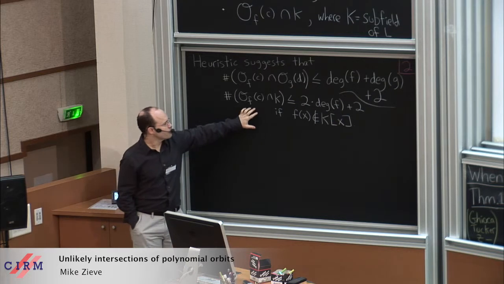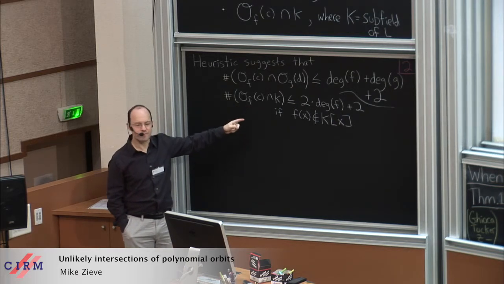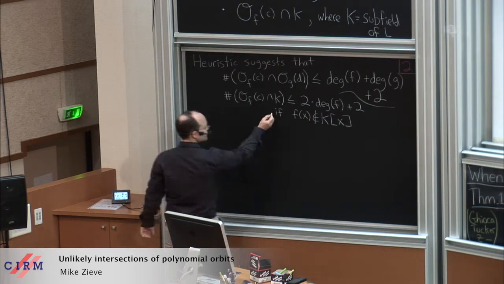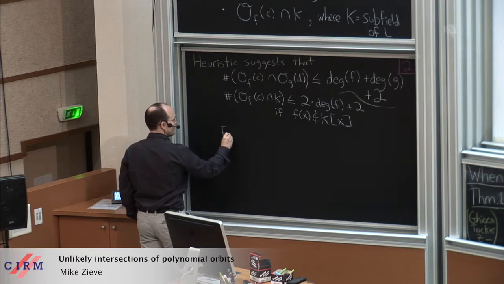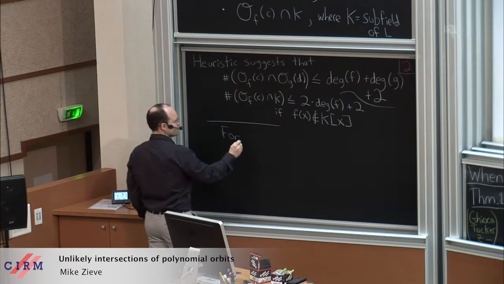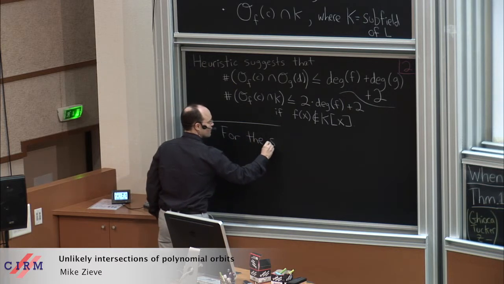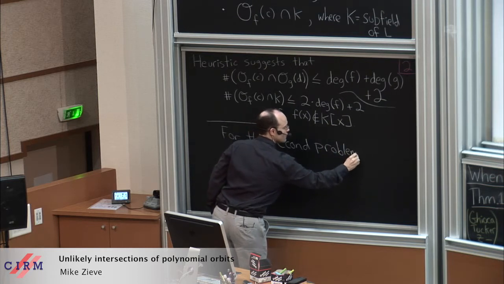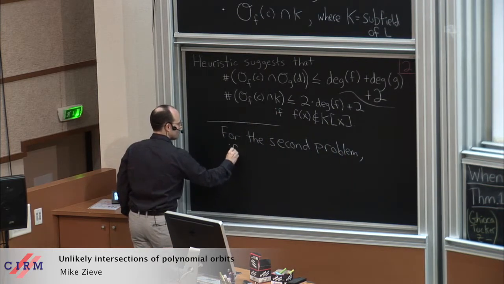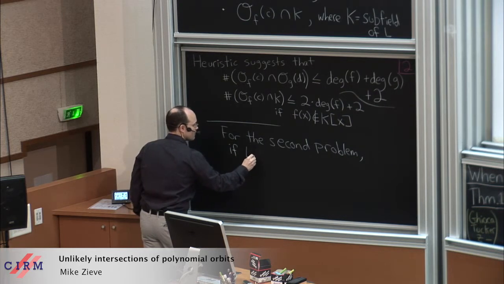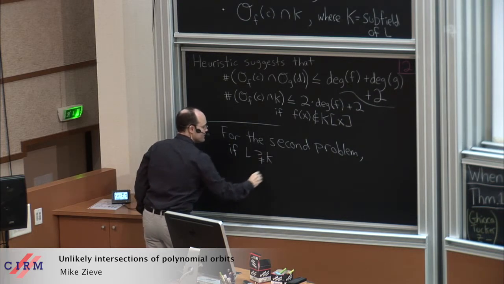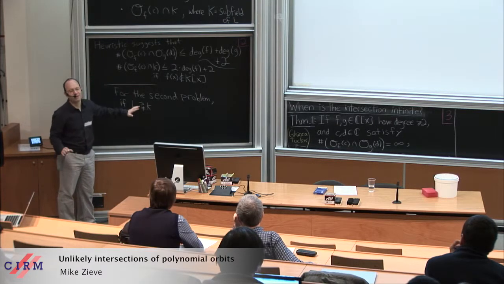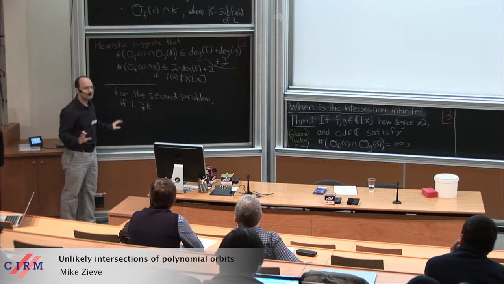The way I did this was I turned the second problem into the first problem. And this is an argument that I'll use a lot. I might assume things are not purely inseparable.